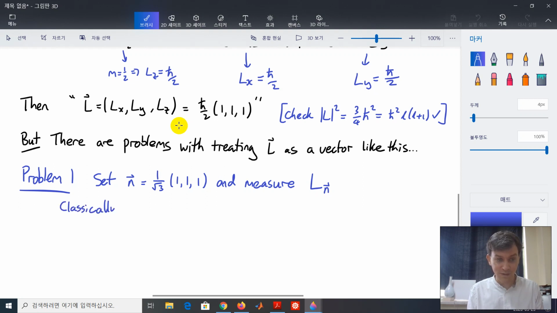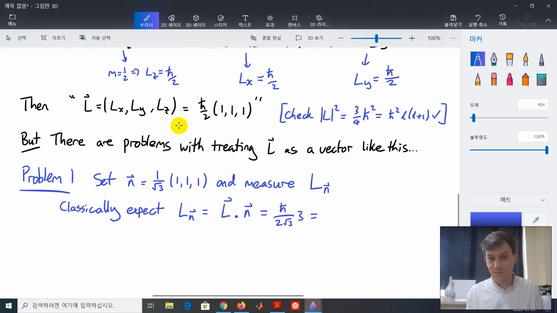So classically we expect L in the direction of n should just be equal to L dot product with the unit vector n, and this clearly is equal to h bar over 2 square root 3 times 3, which is equal to h bar over 2 times the square root of 3.